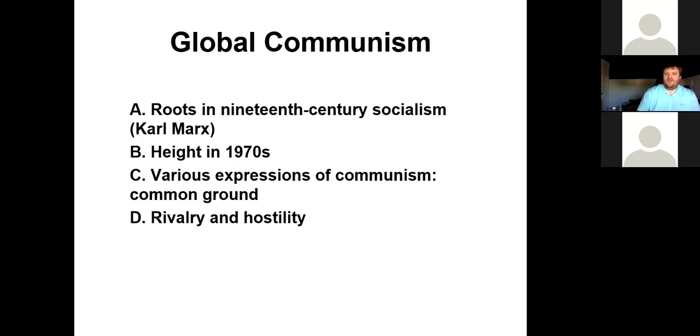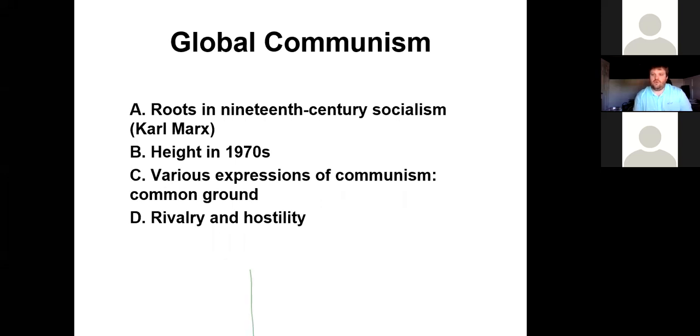There are various expressions of communism shared by common ground. A common ideology based on Marxism was the inspiration of the 1917 Russian Revolution. But during the Cold War, the Warsaw Pact created a military alliance of Eastern European states and the USSR.